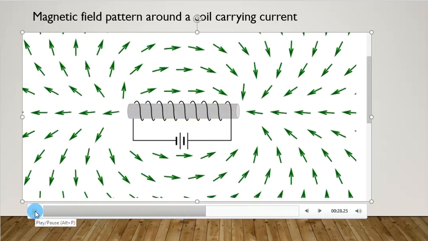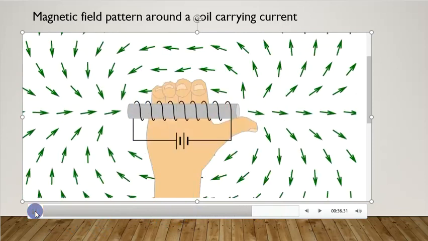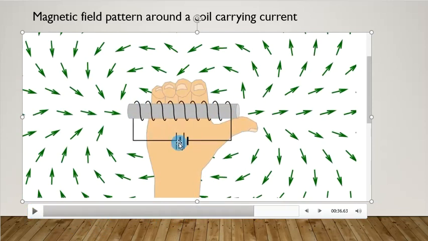Let's see the part where the polarity of the coil is reversed, so that we change the way we grip the coil. So you can see here, when the positive is here, current is moving like this. So here it will be moving down. So that's why these fingers are curling down, and the thumb is pointing in the direction of the north pole.